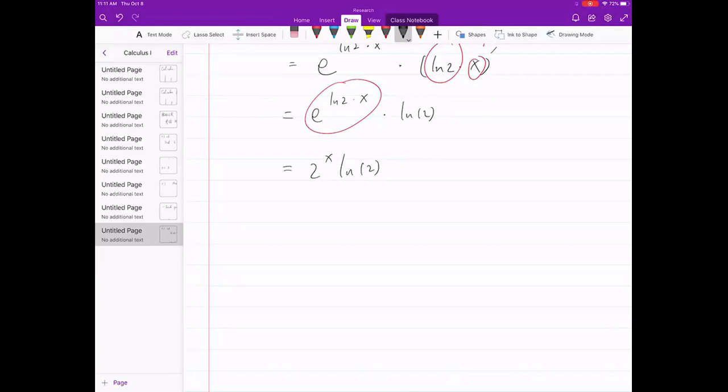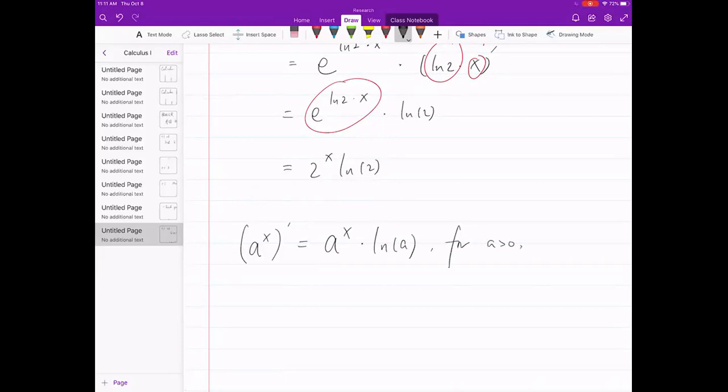Okay, so this is what we have for any general exponential. The formula is given by, for a bigger than 0.